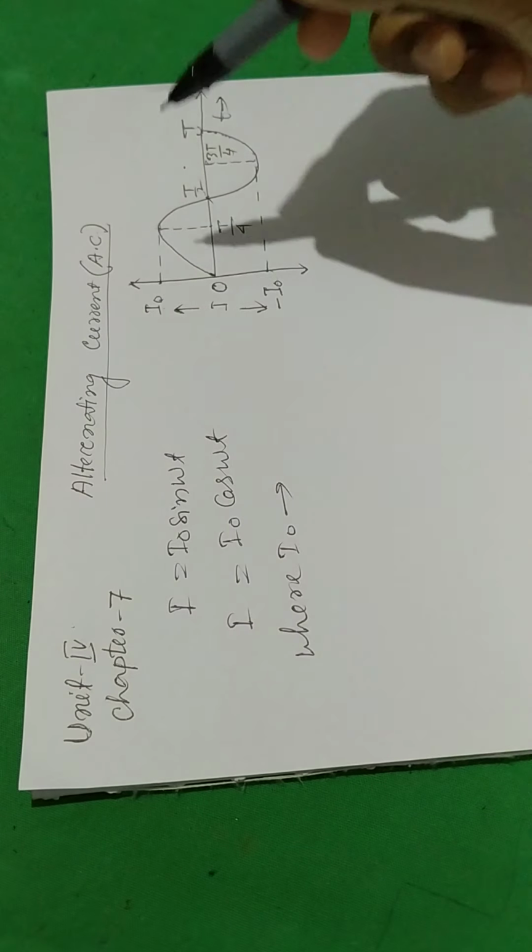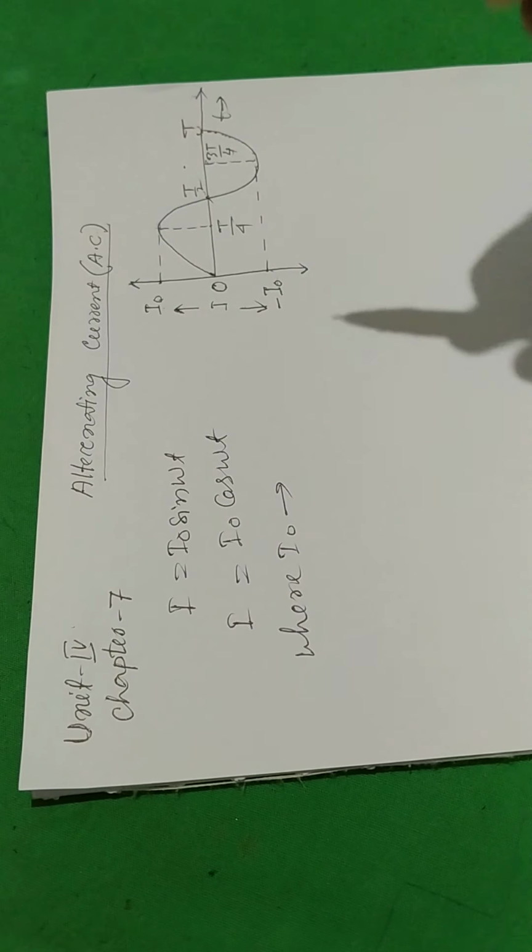Similarly, the same diagram we can show for alternating EMF. What is alternating EMF? The EMF or alternating voltage at which the magnitude of voltage changes with time and polarity reverses periodically is called alternating EMF.